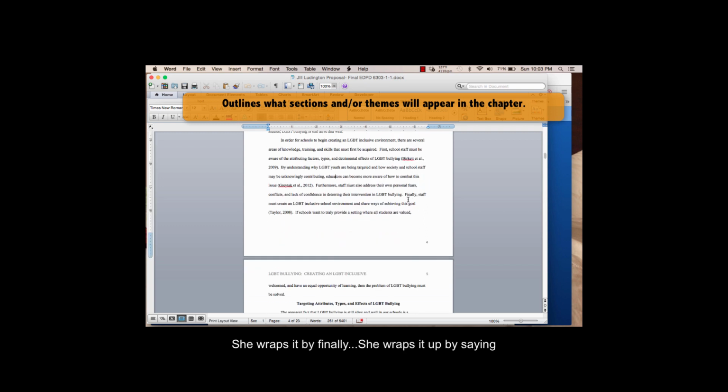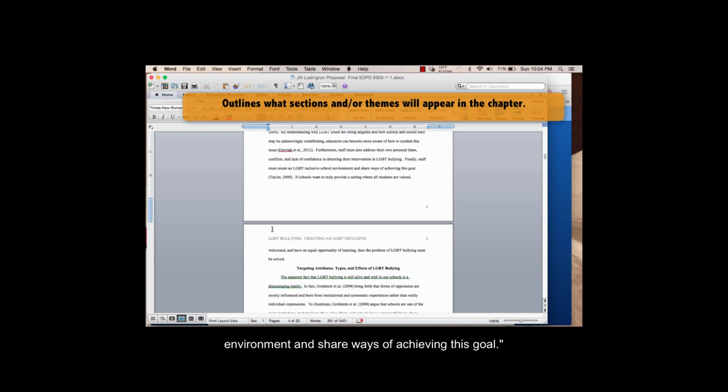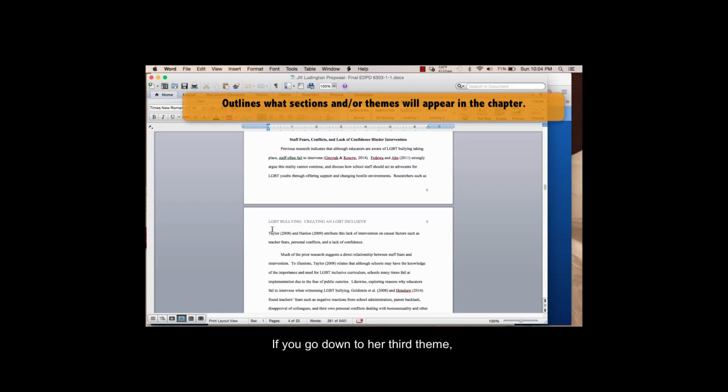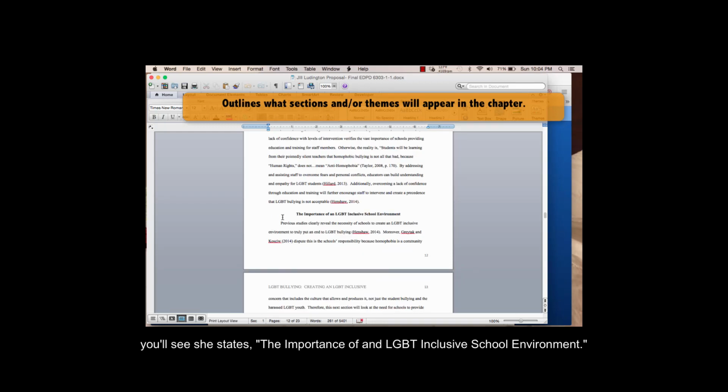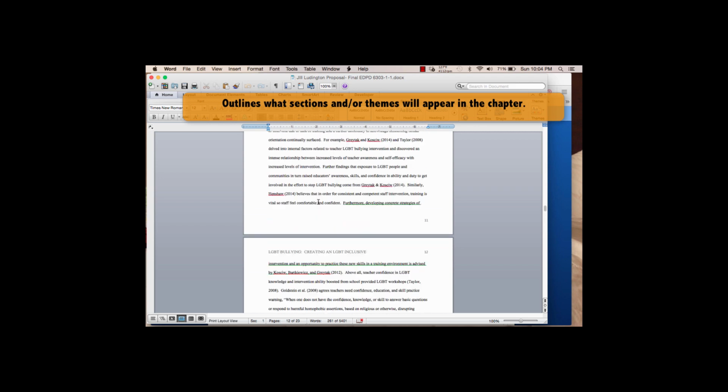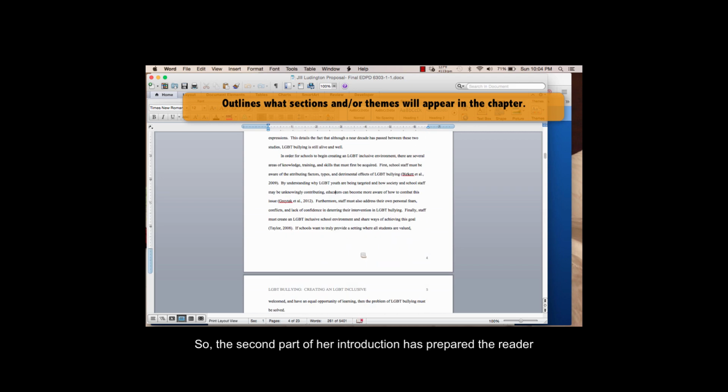She wraps it up by saying, finally, staff must create an LGBT inclusive school environment and share ways of achieving this goal. If you go down to her third theme, you'll see she states the importance of an LGBT inclusive school environment. So the second part of her introduction has prepared the reader for what themes are going to come.